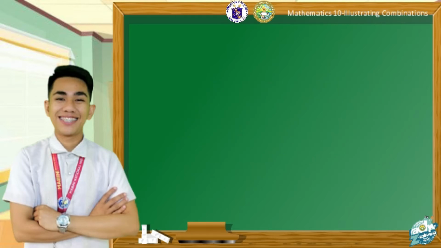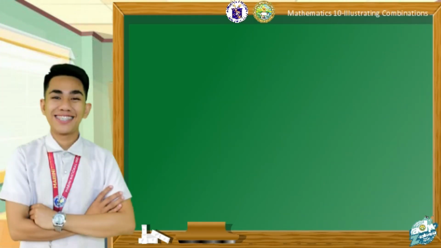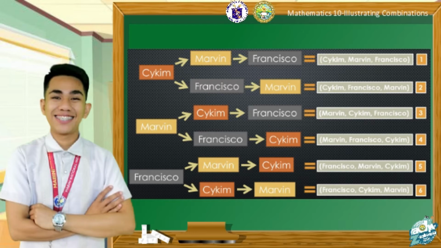Now, let us try finding the permutation using the tree diagram method. Tree diagram for our example problem. First, we have Louis, Marvin, Francisco. Then, Louis, Francisco, Marvin. Then, Marvin, Louis, Francisco.